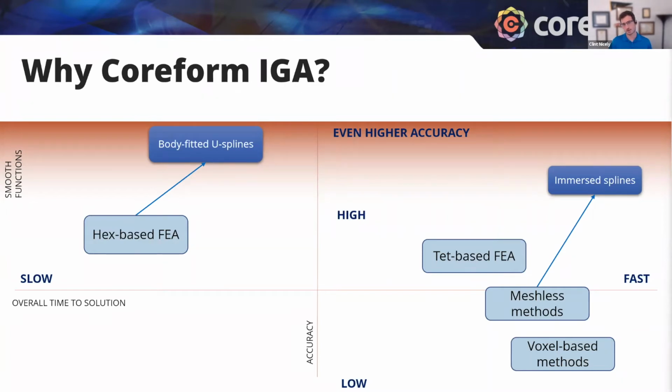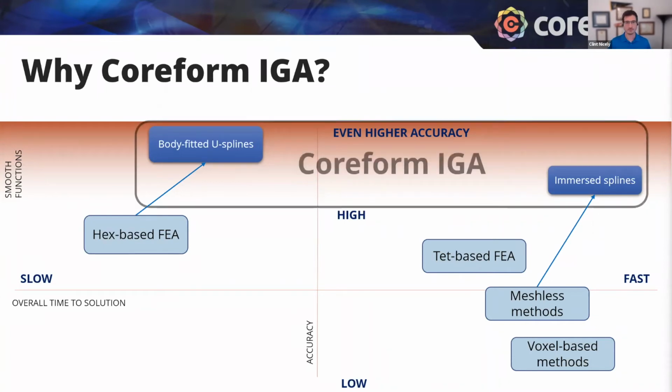On the other side is immersed splines, where the discretized geometry envelopes your CAD geometry, and you no longer have the necessity of having your mesh on your geometry. It merely needs to surround it. With these smooth functions, we're able to get higher accuracy than even hex-based or tet-based FEA, and we're able to do things much, much faster with the immersed spline than we have been able to do before. And this is what we're calling Coreform IGA.